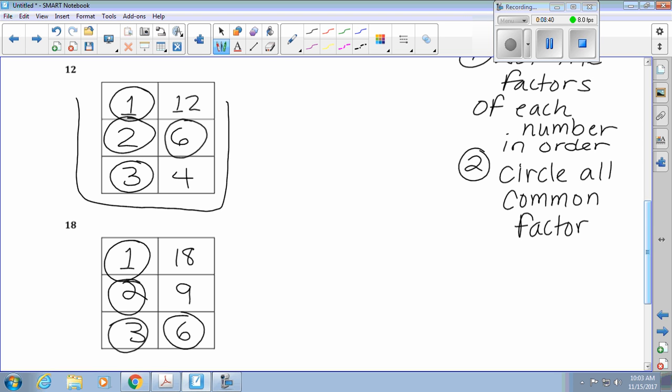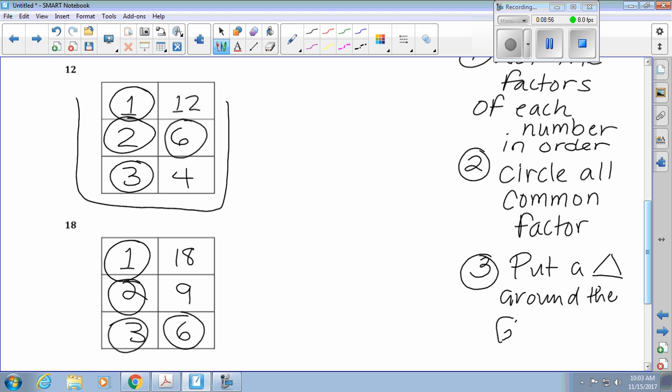Now we're looking for the greatest common factor. So we are going to put a triangle around the greatest. We're going to put in parentheses the GCF, the greatest common factor. That came out terribly.